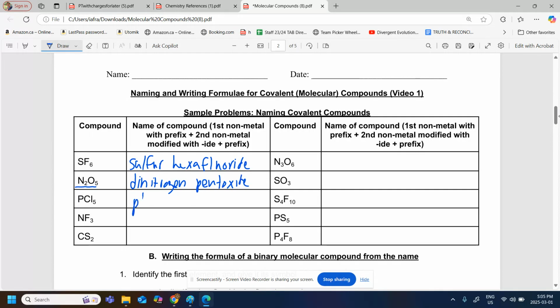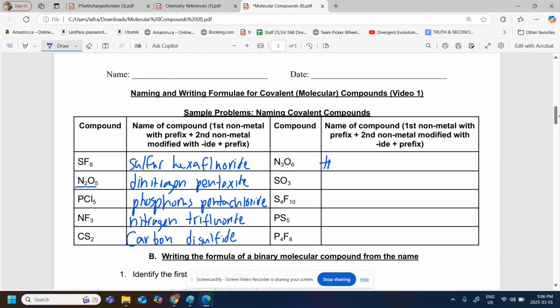PCl5, you don't use mono for the first one, so phosphorus, and then chloride, but it's 5, so pentachloride. NF3, don't use mono for the first one, so nitrogen trifluoride. CS2, don't use mono for the first one, carbon, 2 sulfurs, so disulfide.